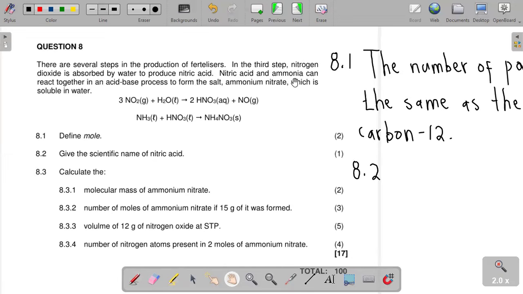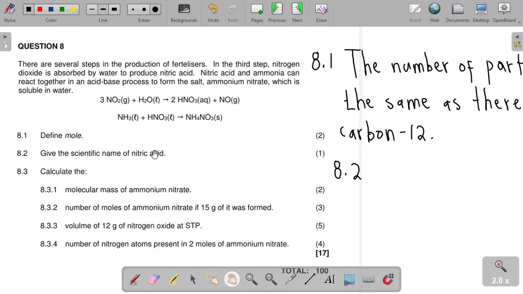Nitric acid and ammonia can react together in an acid-base process to form the salt ammonium nitrate, which is soluble in water. So they gave us the 2 steps here. Give the scientific name of nitric acid. So nitric acid is this over here, HNO3.